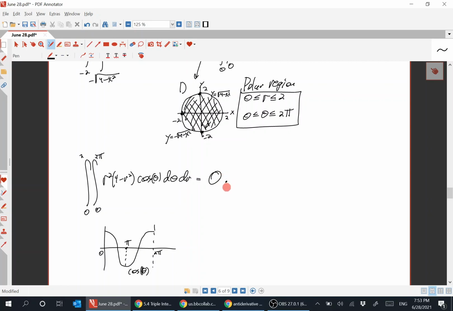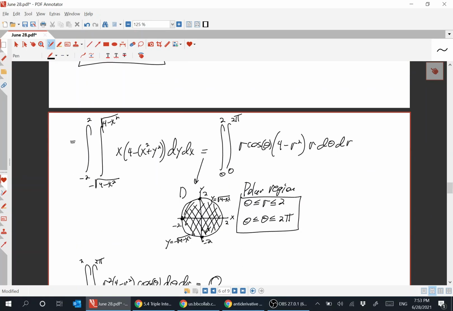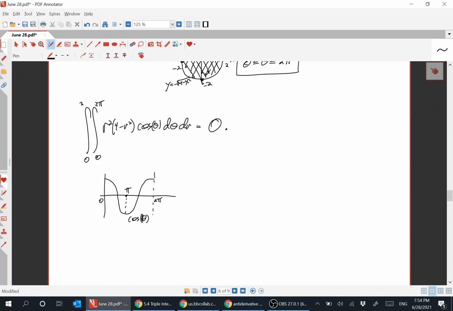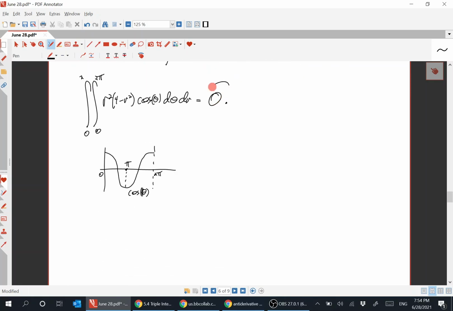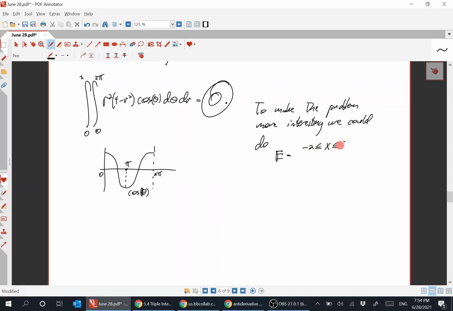To make the problem more interesting, if I were them, I would have just done the integral over the top half of the circle. This is unfortunate, but to make the problem more interesting, we could do E as minus 2 less than or equal to x less than or equal to 2, 0 less than or equal to y less than or equal to square root of 4 minus x squared.